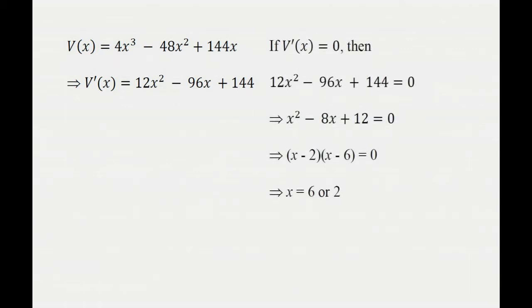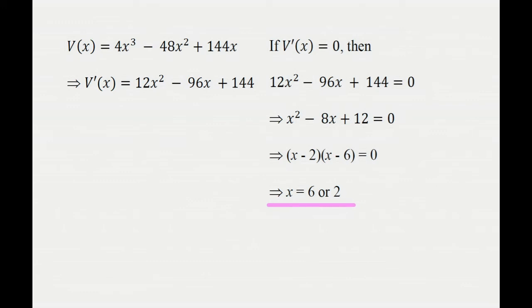So if V prime of x is 0, then 12x squared minus 96x plus 144 is equal to 0. And if you simplify and factorize, you're going to get x is equal to 6 or x is equal to 2. That's what we get.